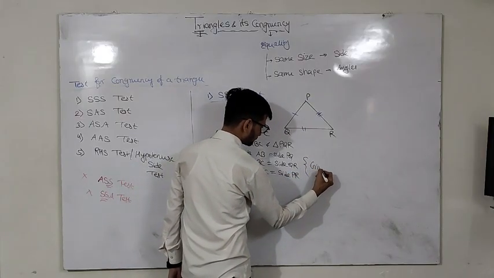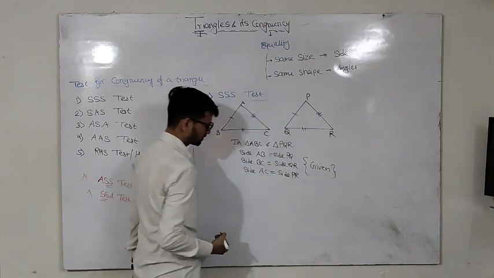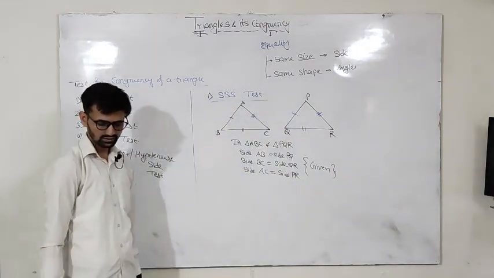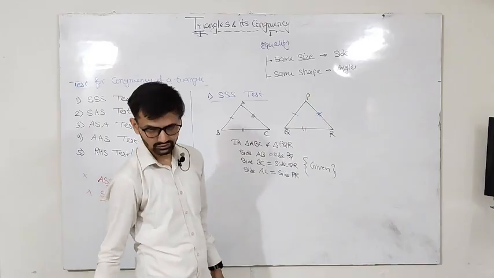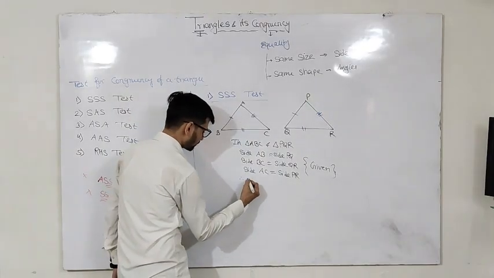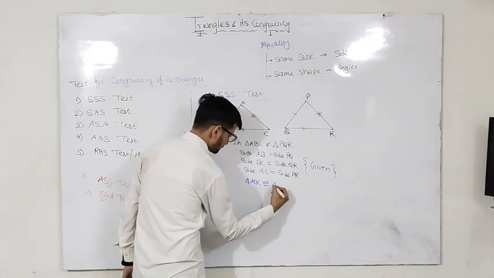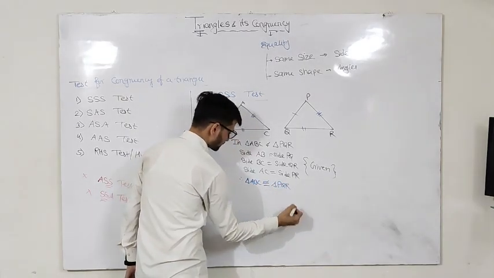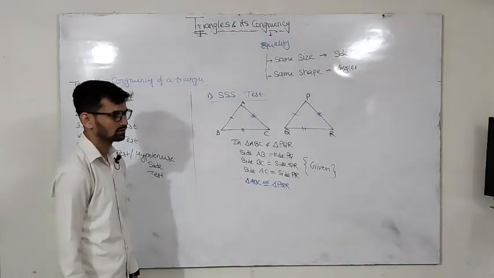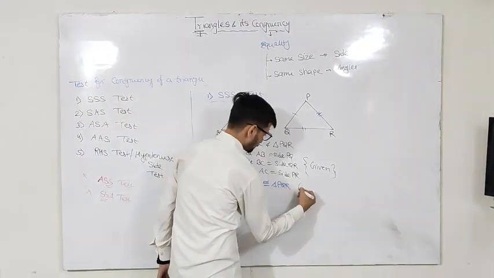These are the givens. Since all the sides of the first triangle are equal to the second triangle, these two triangles are said to be congruent. Therefore, triangle ABC is congruent to triangle PQR by which test? SSS test.